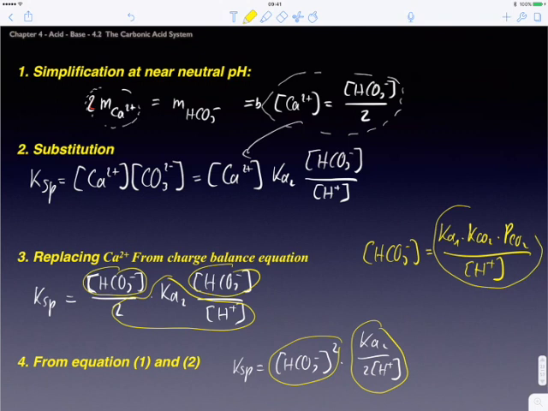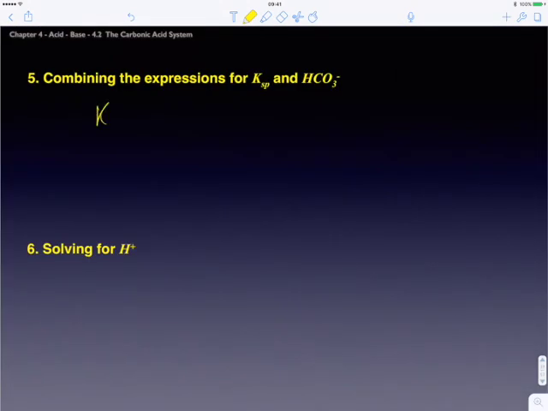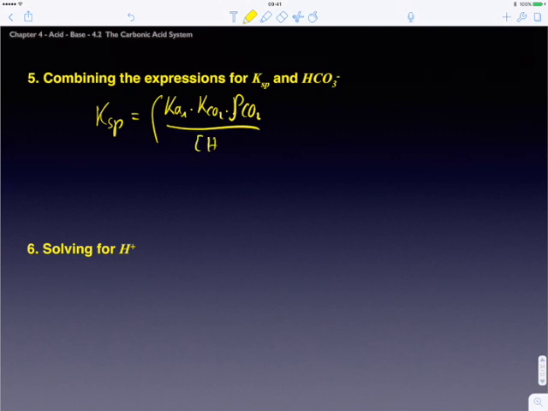So this will be put into here and will give you this nice little solution at the end, where KSP equals Ka1 times KCO2 times PCO2 divided by H+, squared, times Ka2 divided by 2H+.